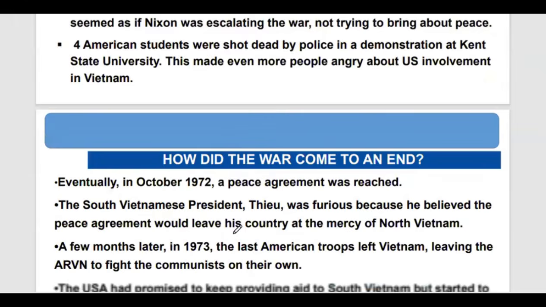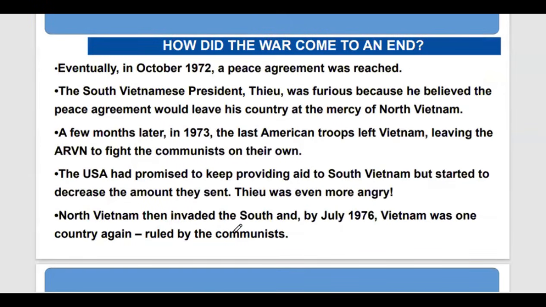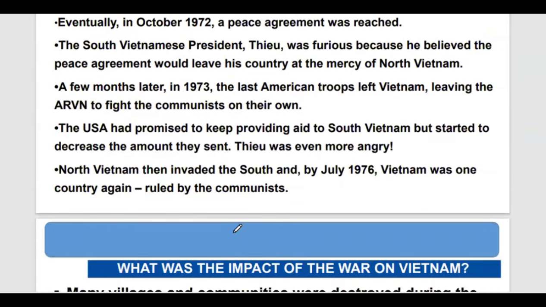Right. And how did the war come to an end? That was basically how the war came to an end. North Vietnam invaded South by July 1976. Vietnam was one country again, which was ruled by communists. The ARVN was not strong enough without American support. So at the end, North Vietnam was able to conquer and apparently get South Vietnam united under the control of communists.